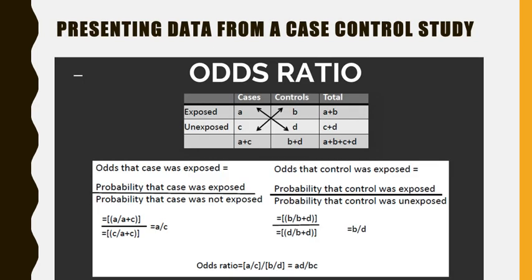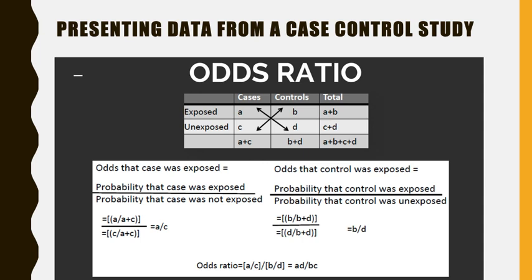It can be best seen here in the 2x2 table. To calculate the odds ratio, we would take the probability that the case was exposed, divide that by the probability the case was not exposed, and then we would take the probability that the control was exposed and divide that by the probability that the control was unexposed.